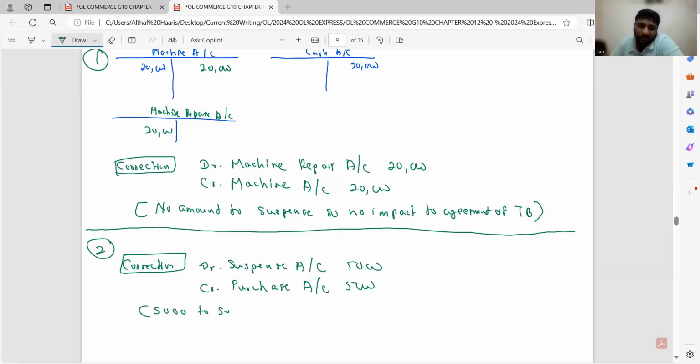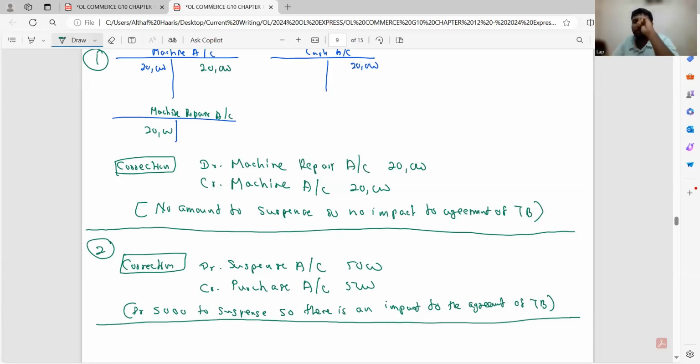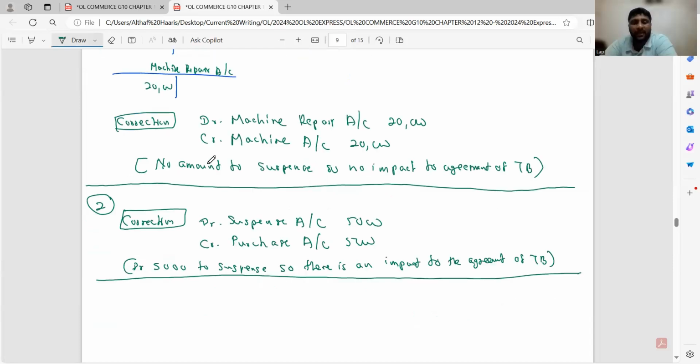So debit 5,000 to suspense. So there is an impact to the agreement of trial balance. That is the second one.